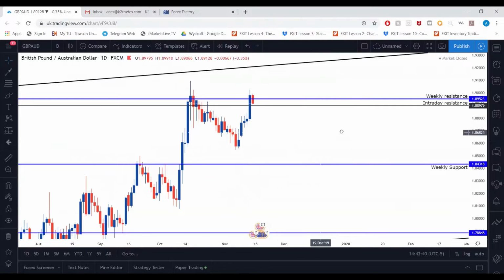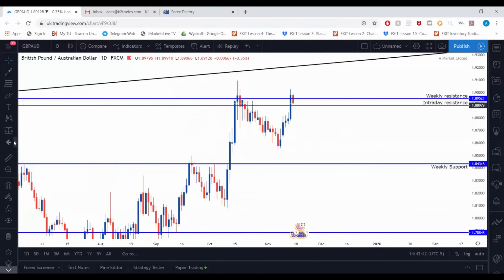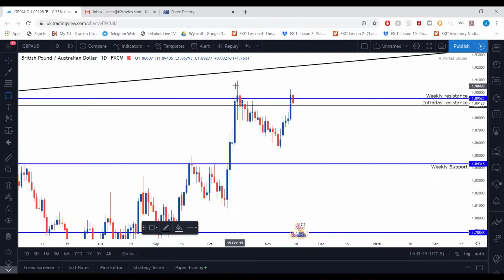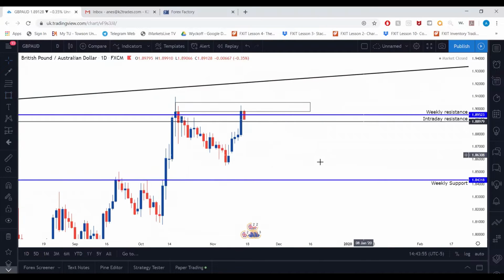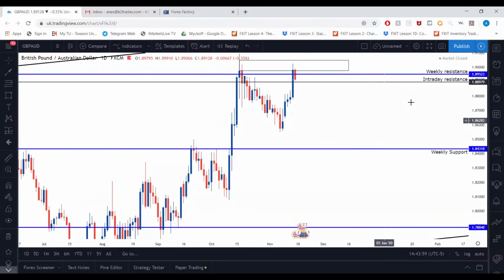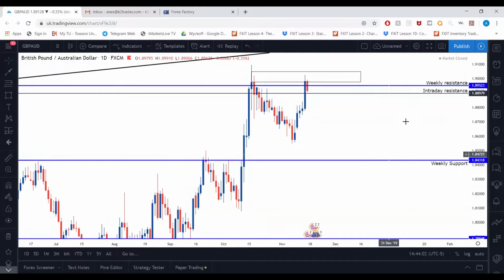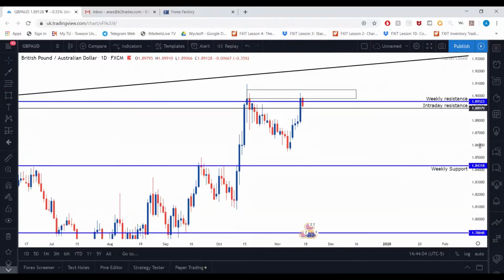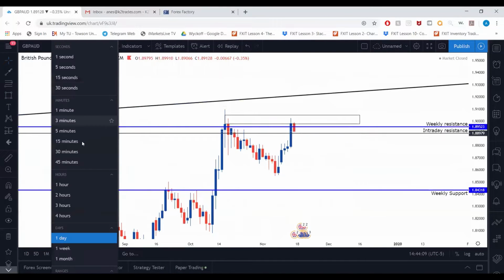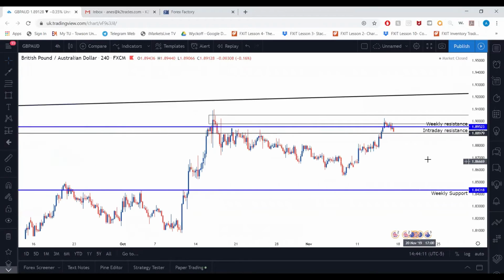So let's see when the market opens if we don't get a push further above this zone right here. So anywhere here, if it spikes up, I'm interested in selling because there are multiple confirmations, and I would like to see this correction back down to the weekly support, similar to GJ on a smaller time frame.